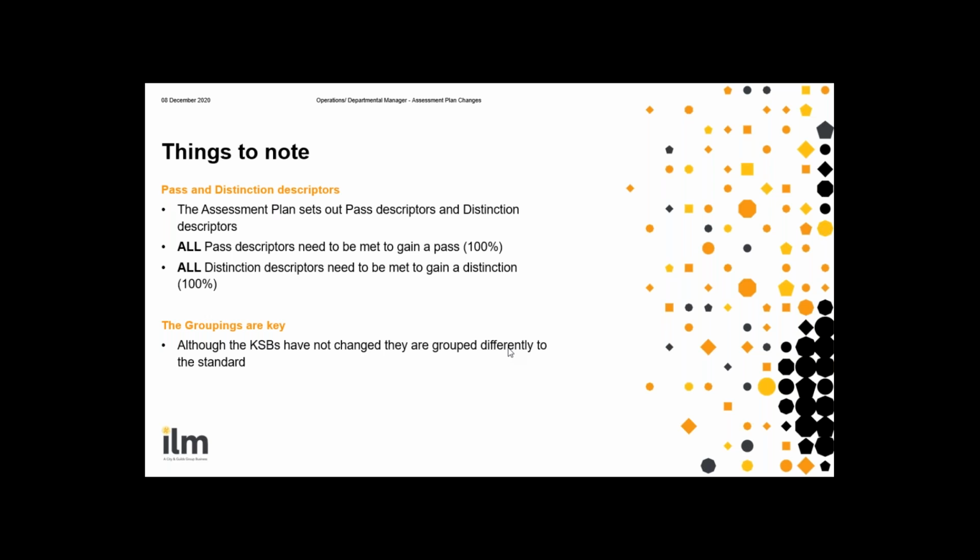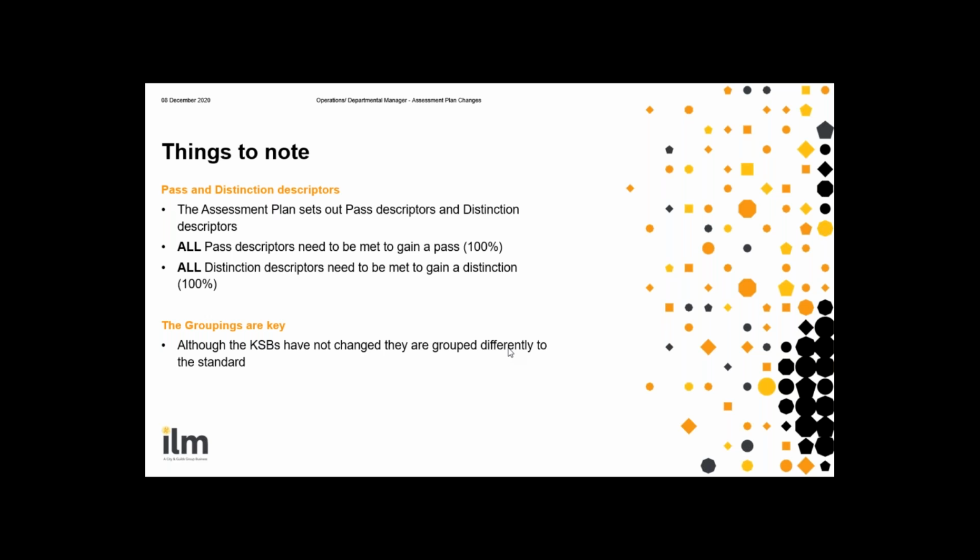So you can see straight away the difference from the previous assessment plan, where the requirement was 50% to pass, whereas here it's 100%. It's important to note that we do have grading descriptors that are mapped to the knowledge, skills, and behaviors.